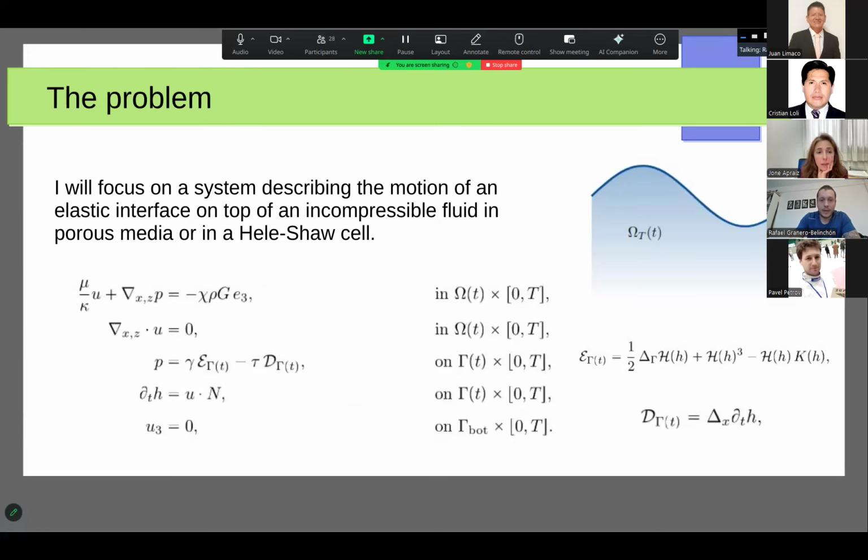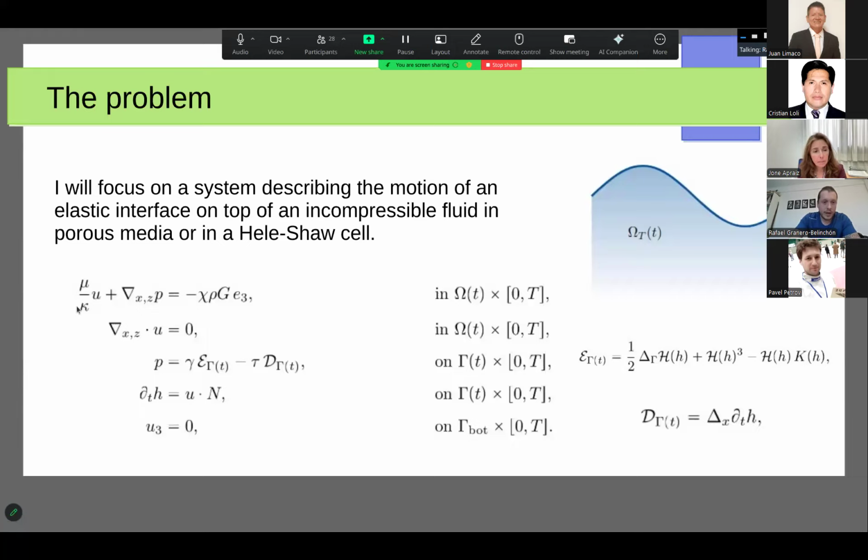So basically, if we consider that we have a Hele-Shaw cell or a porous medium for the fluid, then the full system of equations is described by this. Although this is a 3, it should be a 2. Here we have Darcy's law.